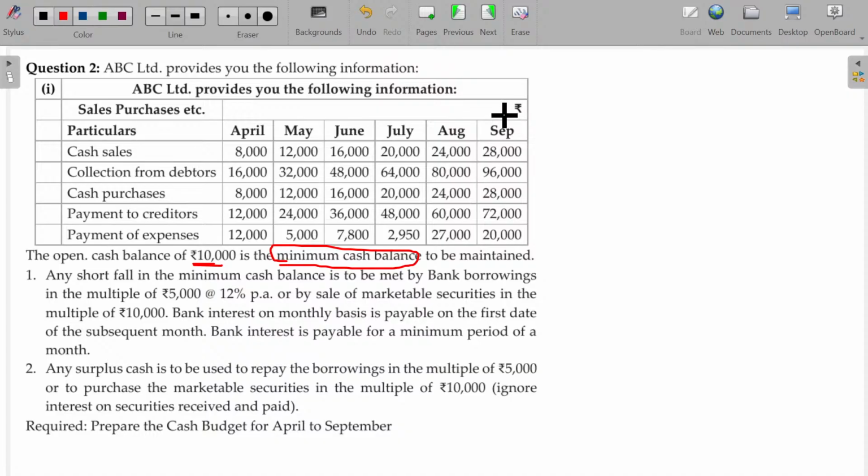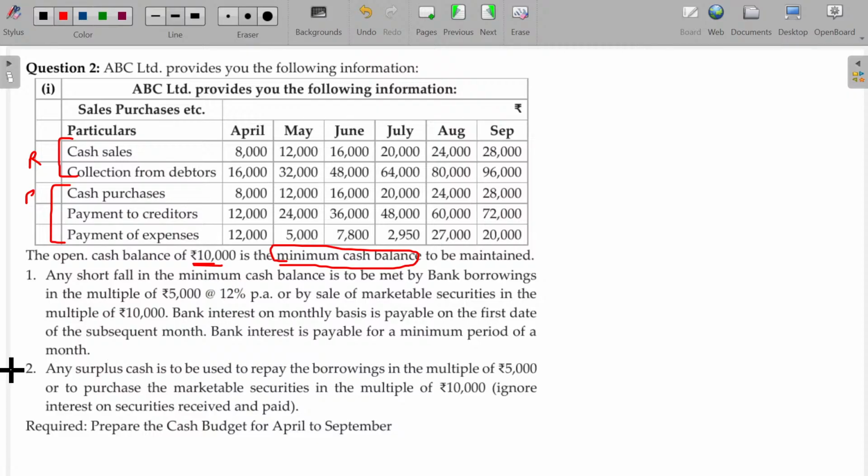Okay. So here we have been given receipts, cash sales and collection from debtors, purchases, payment to the creditors and expenses. This is receipts and this is payment. Directly given. All these things are directly given, no problem here.